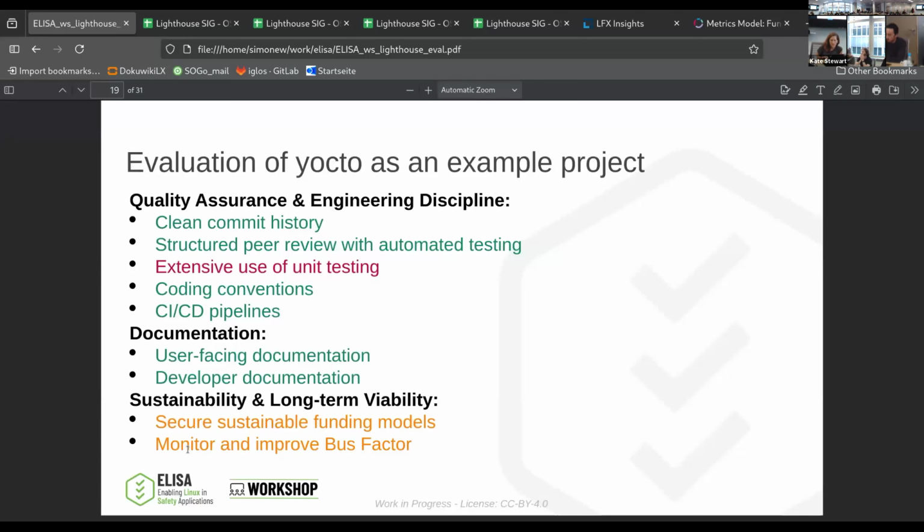Documentation as well seemed to be quite coherent, and just as for Xen, the funding is handled in the same manner. For monitoring and improving bus factors, I think there are still open job ads to fully hire an additional maintainer.